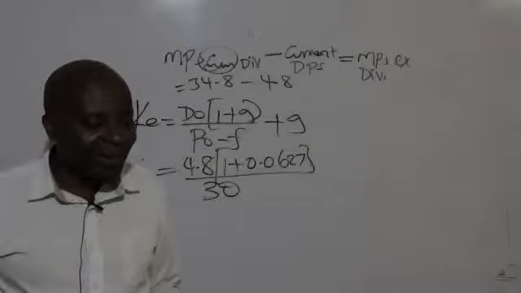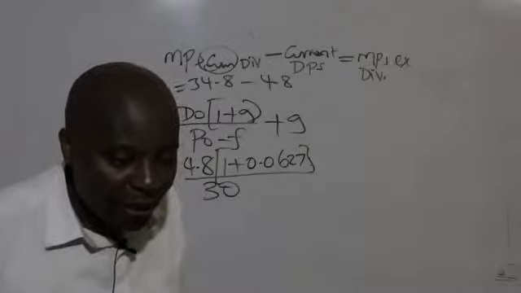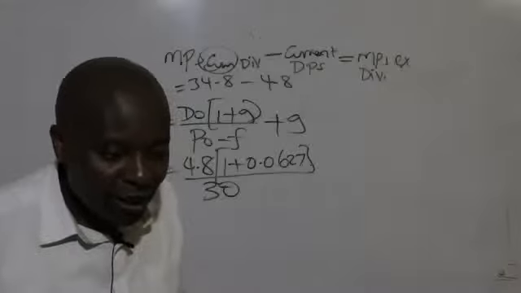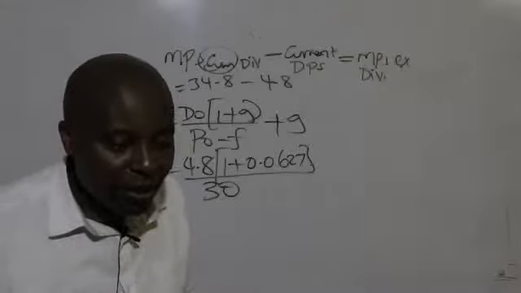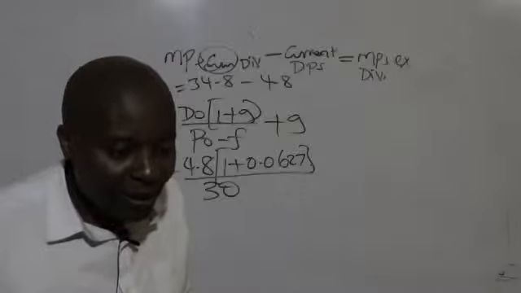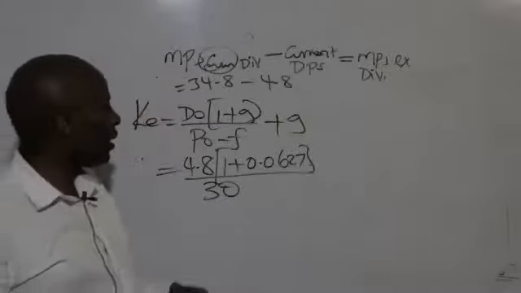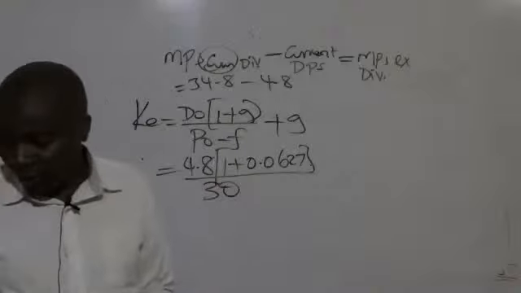Why use the current dividend, which is 4.8 in the year 2018? So we check D0.